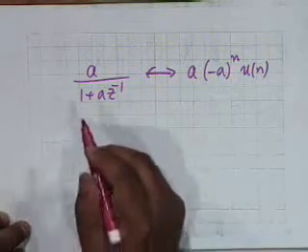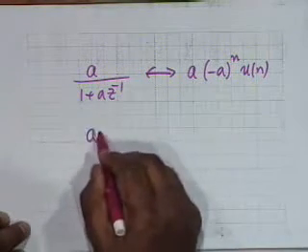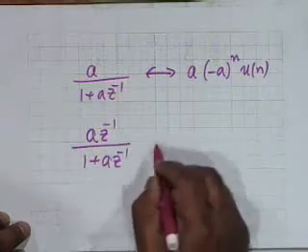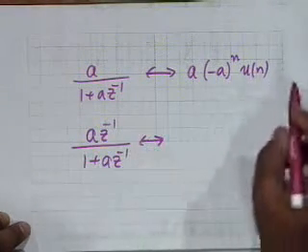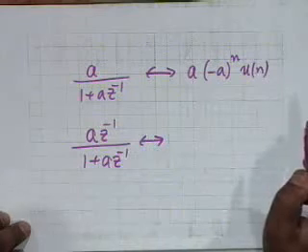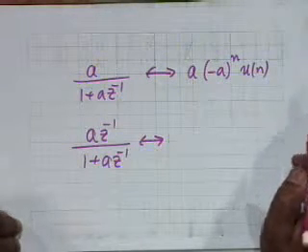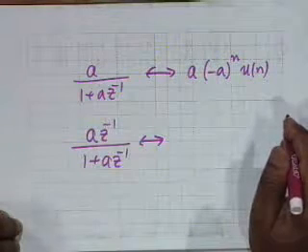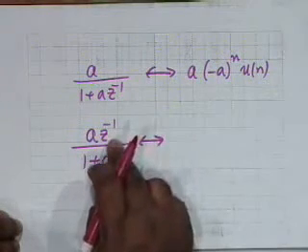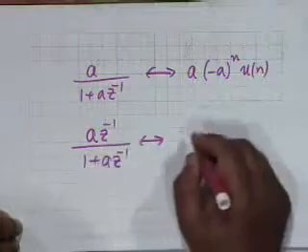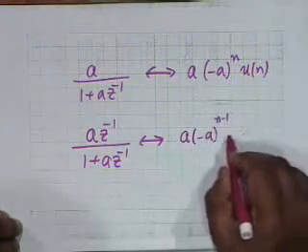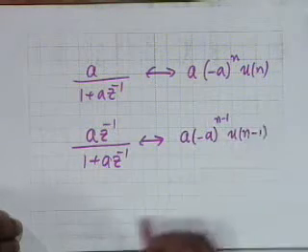And finally, we have to multiply by z inverse. If I multiply by z inverse, the whole thing is shifted by one sample, to the right or to the left, delayed or advanced. I multiply by z inverse, so it must be delayed, and therefore we get a times minus a to the n minus 1 u of n minus 1.